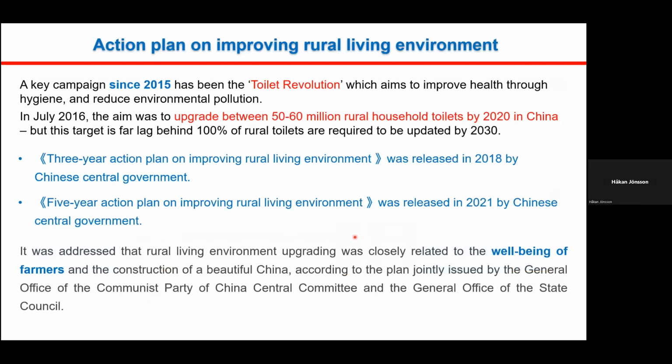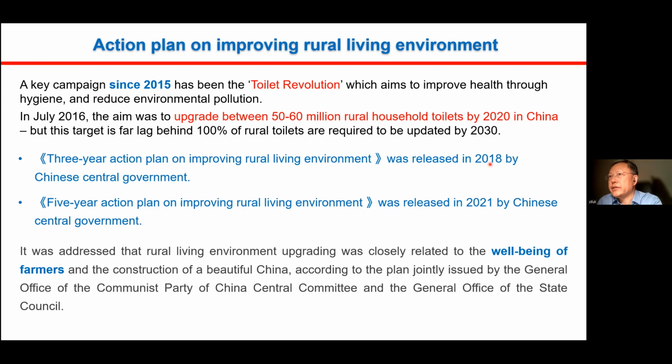So based on these situations, the Chinese government also released action plans. In 2018, the Chinese central government released a three-year action plan on improving the rural living environment.